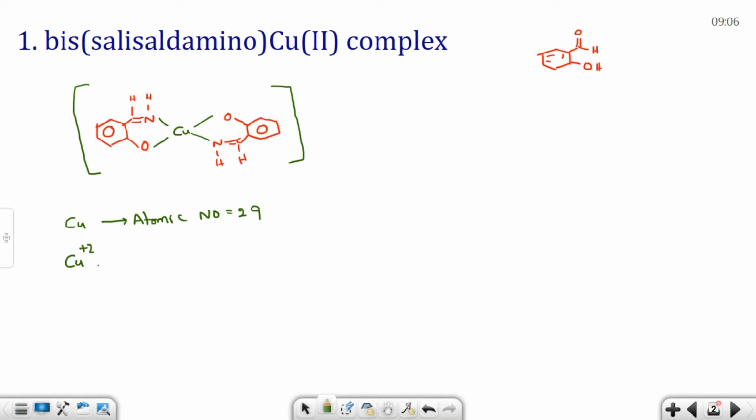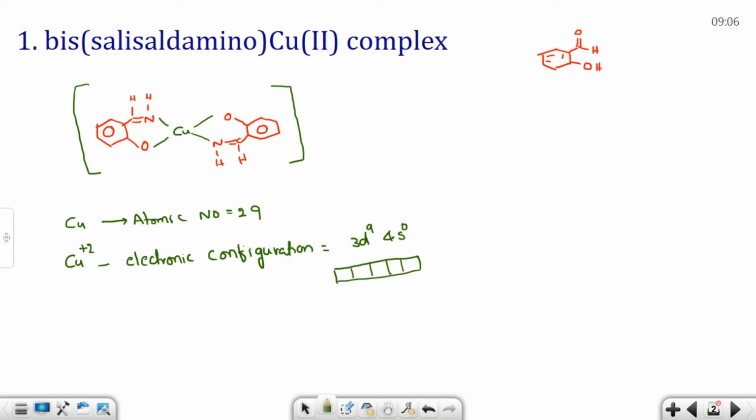The electronic configuration of copper plus 2 is 3d9 4s0.